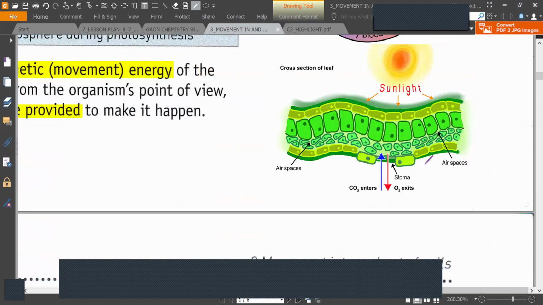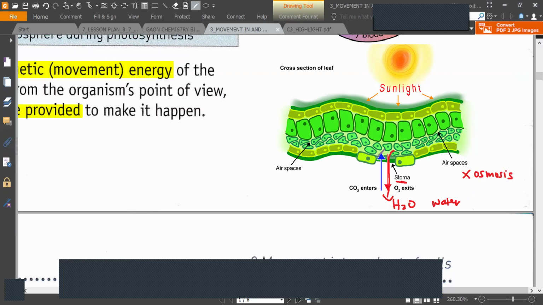We can be losing oxygen, we can also be losing water from the stomata of the leaf. So we need to be careful. This one is movement of water, but this is not osmosis. Why?